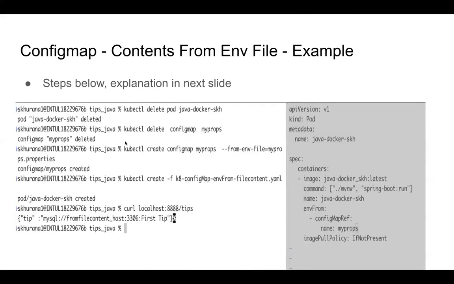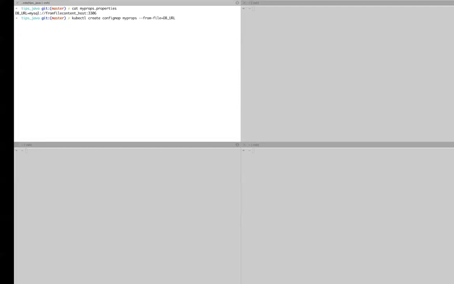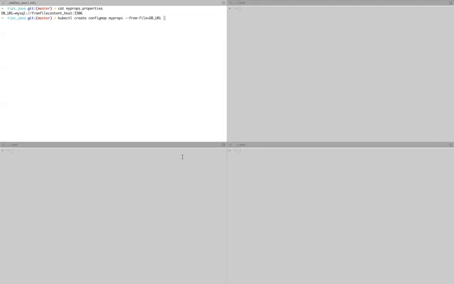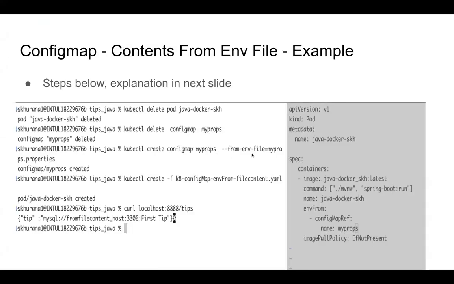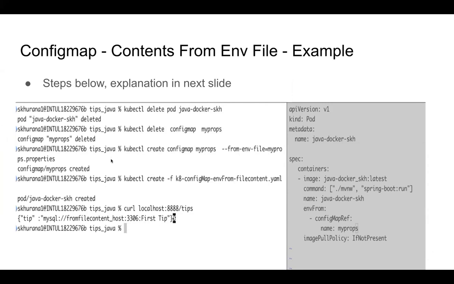Now I'm going to create this config map. kubectl create config map, and now instead of saying from file, I say from env file equal to, and I give the file name myprops.properties.